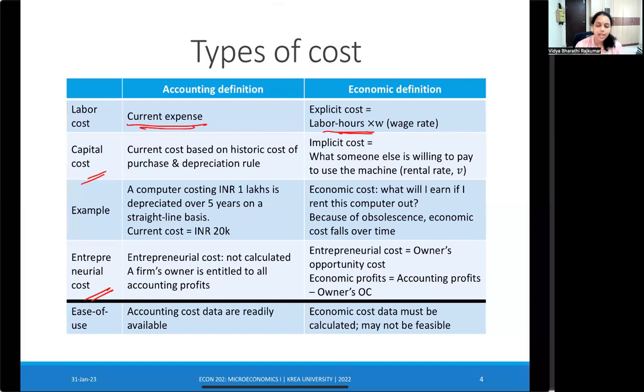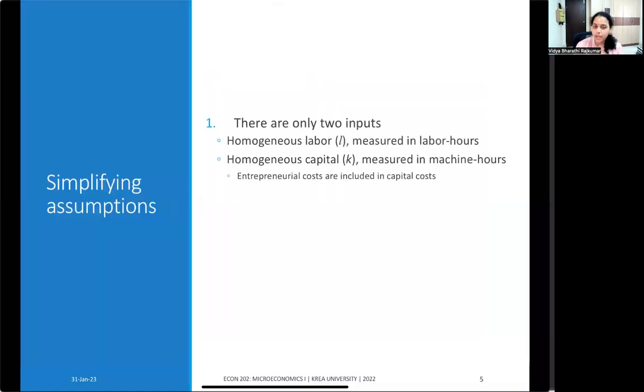Now, in the rest of the chapter, we're going to be spending a lot of time analyzing how firms deal with their cost functions. We'll learn that their goal is primarily one of cost minimization, and we'll spend a lot of time on that. So before we get into that, we're just going to make a few simplifying assumptions. In this chapter, we're only going to be looking at the case of two inputs, labor and capital.